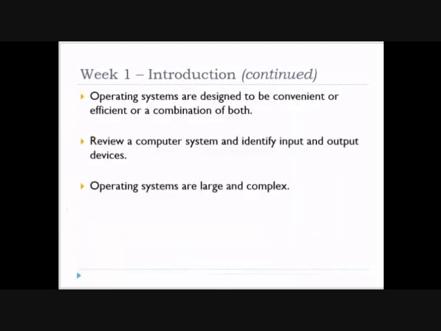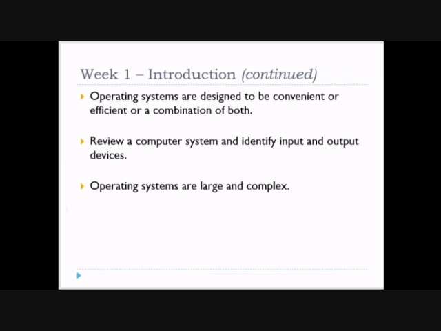To continue the introduction, operating systems are designed to be convenient or efficient or a combination of both. That's an interesting thought. Some operating systems are convenient, meaning they're super easy to use.